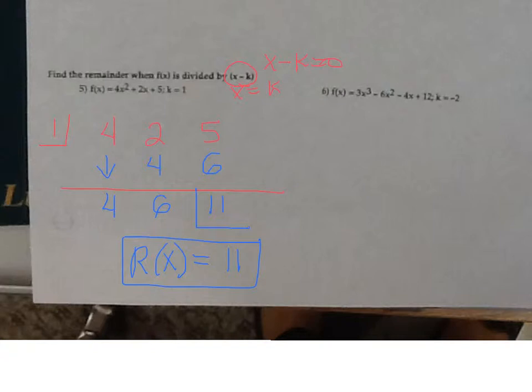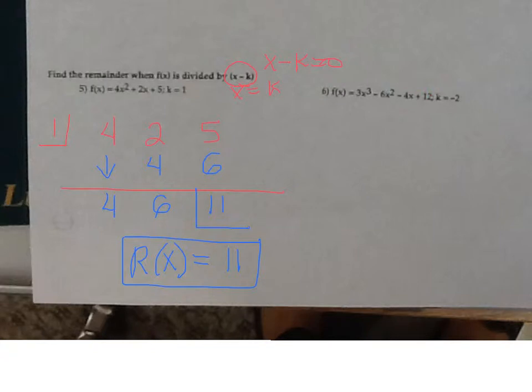Now, something that I need to make sure you check is the exponents. Make sure that you have the exponents from highest degree all the way to x to the 0 power. So the second one, number 6, is also already set up because I have x to the 3, 2, 1, and then x to the 0 power. It's ready.